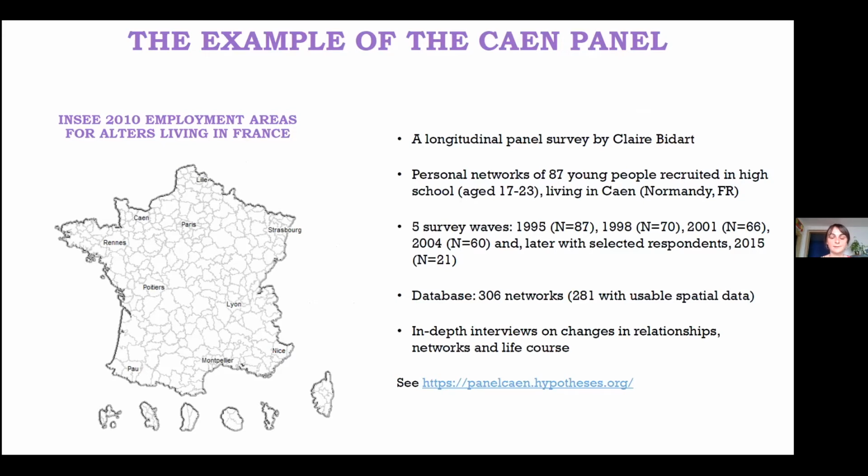We decided to use the ego network that she has from the Caen survey, and we aggregate the networks at the employment area level. The employment area level is a statistical perimeter that makes more sense, according to us, than the municipality level, since the delineation is not purely administrative, but is based on commuting data.